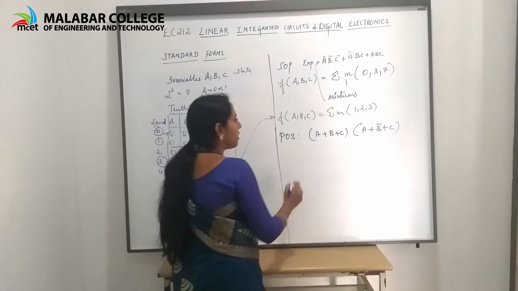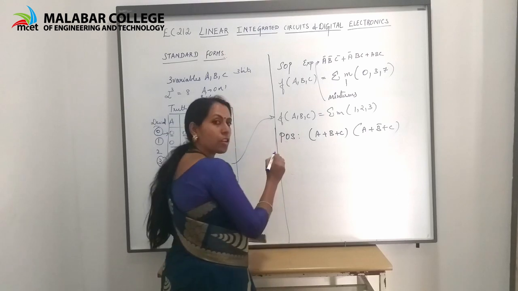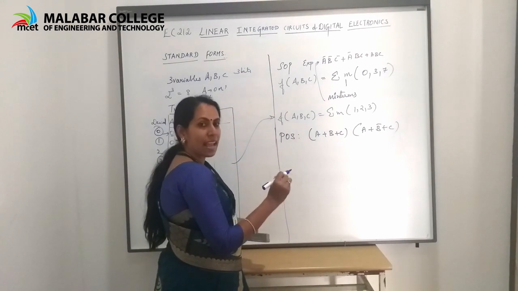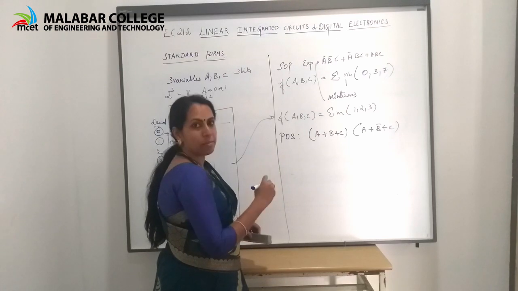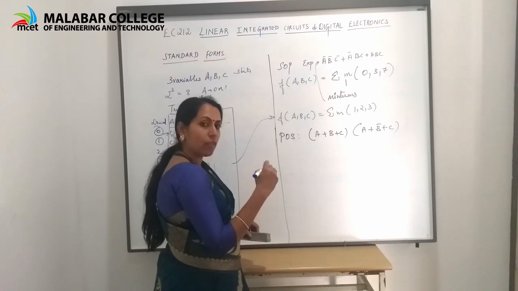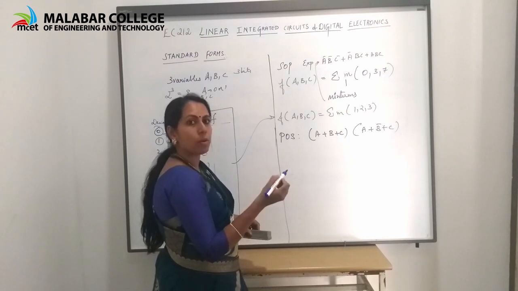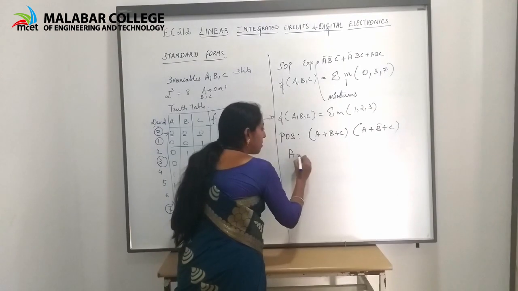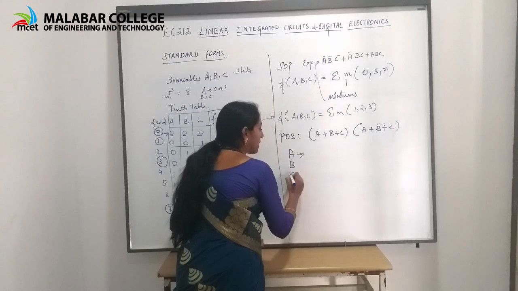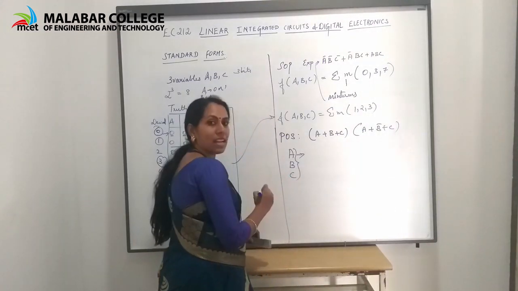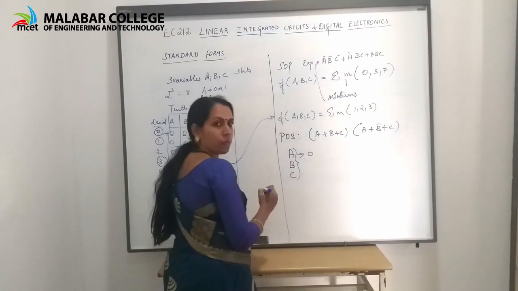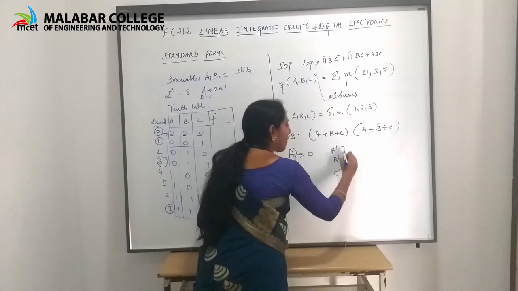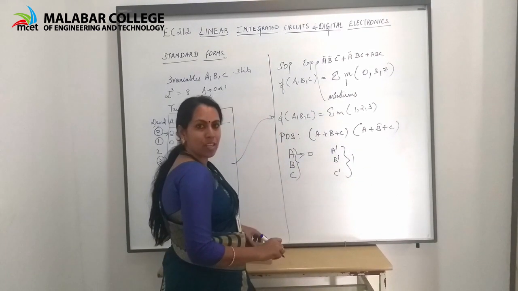Okay, here in the case of SOP, we have assigned 1 to variables and the complement, that is A bar, will be 0. Here it will be vice versa. The variables A, B, C will be assigned the value 0 and their complement will correspondingly get the value 1.